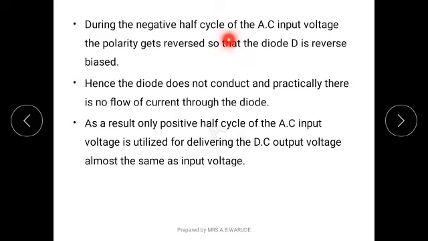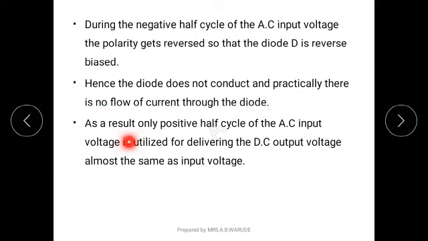And we know that the half wave rectifier allows only the positive half cycle. During the negative half cycle of the AC input voltage, the polarity gets reversed, so the diode is in reverse bias, and hence the diode does not conduct, and practically there is no flow of current through the diode.